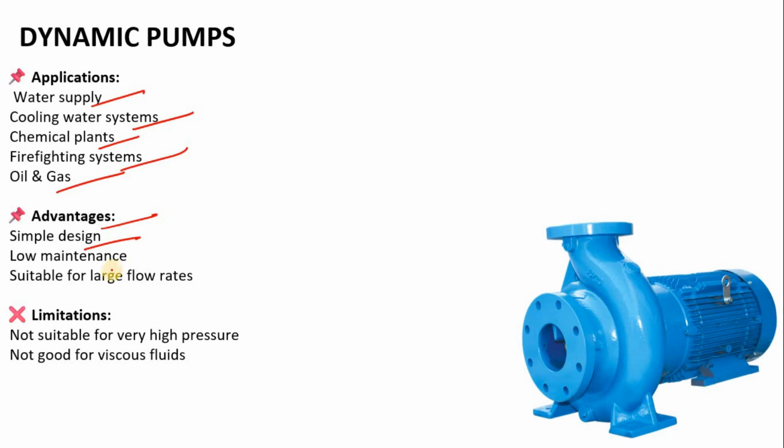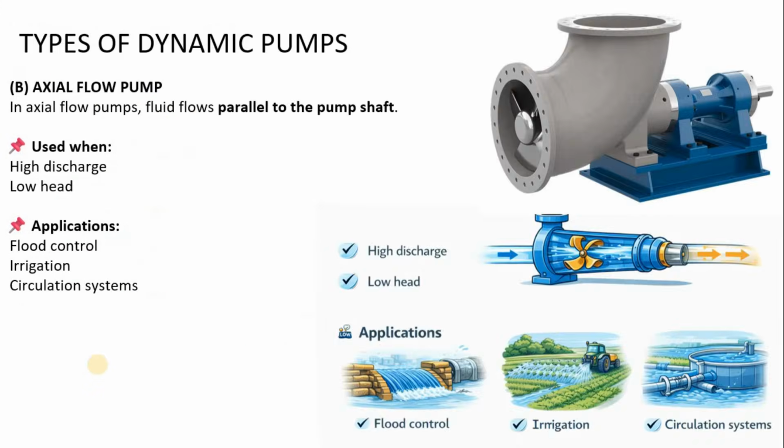Okay, simple in design, then low maintenance, suitable for large flow rates. Okay, because the system resistance is there. What is the limitation? Not suitable for very high pressure. That's why we shift towards the positive displacement pump, and not good for viscous liquid. That's why we shift towards the gear pump or the rotary positive displacement pump, right?